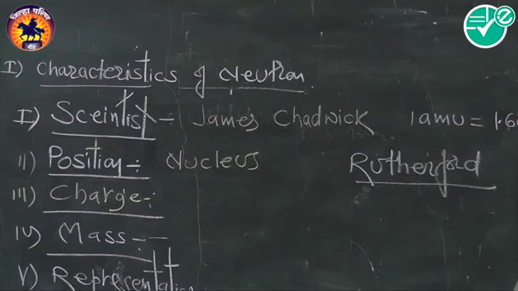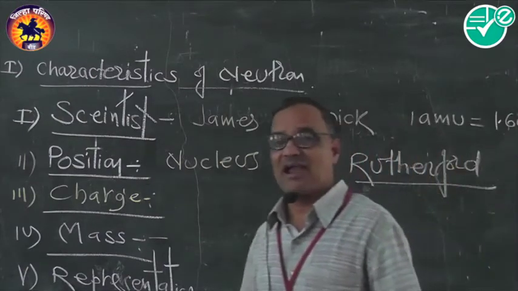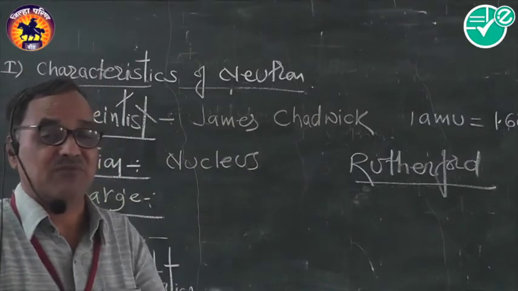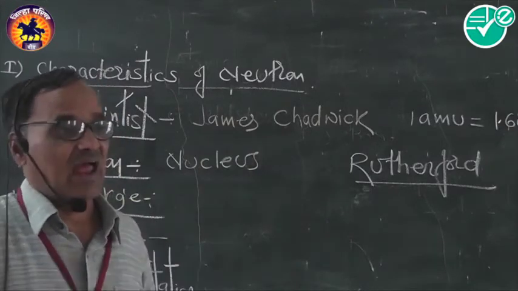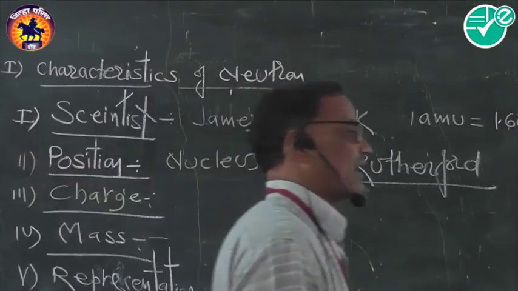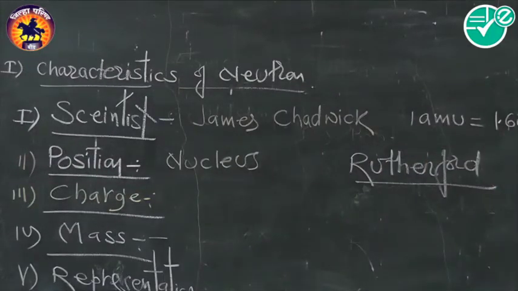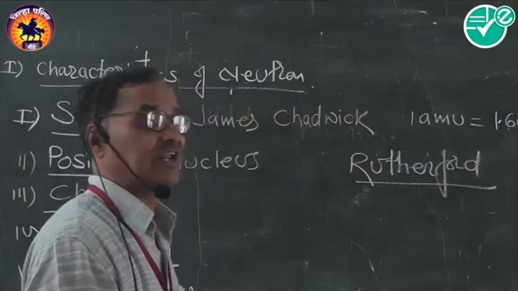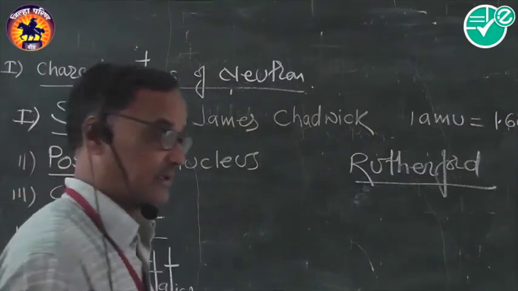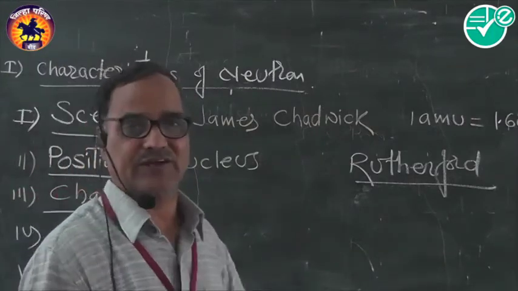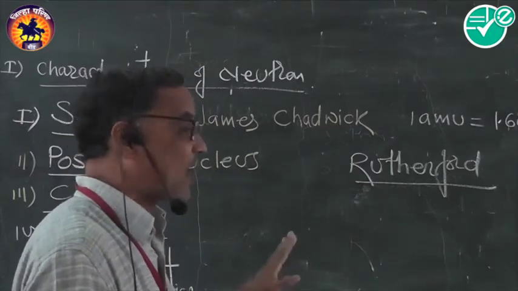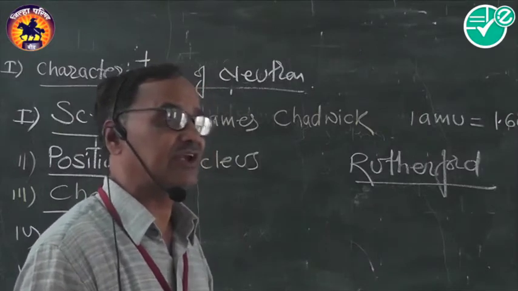Alpha and beta are called particles because they have some definite amount of mass. At the same time, gamma has a very negligible mass compared to alpha and beta, and that's why it is called a ray, and it is also called a secondary effect of natural radioactivity. Alpha and beta particles are known as the primary effect of natural radioactivity.